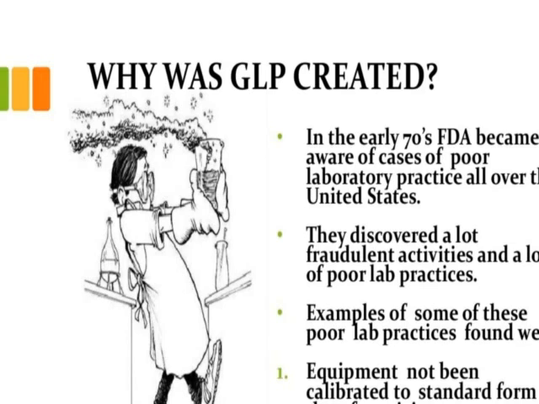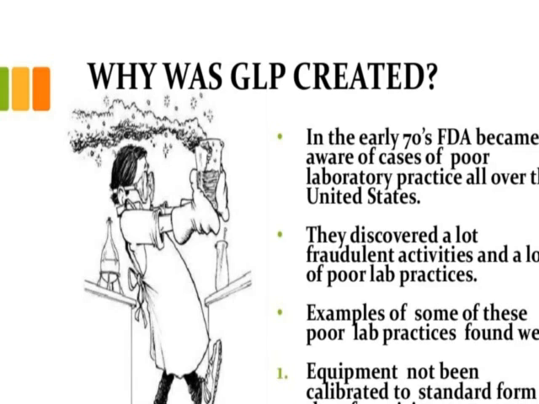So due to that they found that it is necessary to produce some good practices so that this kind of fraud activity can be stopped and accurate results obtained. And for that, the FDA in 1978 started, or created, the GLP.